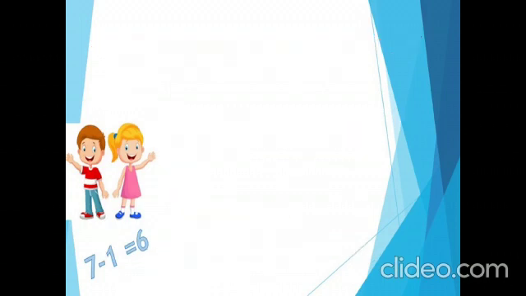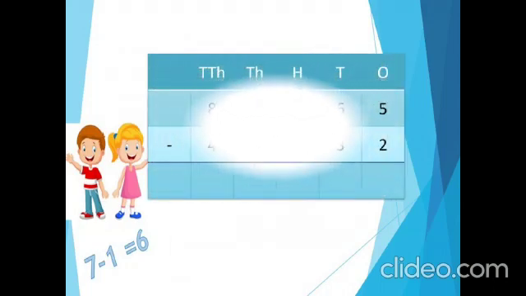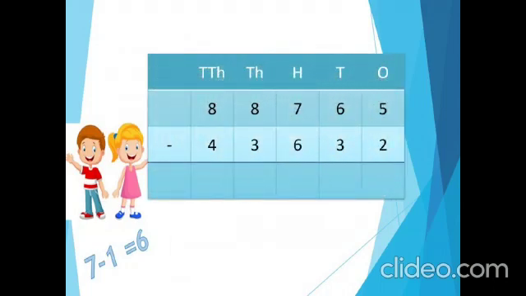To do subtraction, first we have to arrange the numbers according to the place value chart. So I have done the same here and start subtracting from 1's column. In 1's column, 5 minus 2 is 3. Moving to the 10's column, 6 minus 3 is 3.